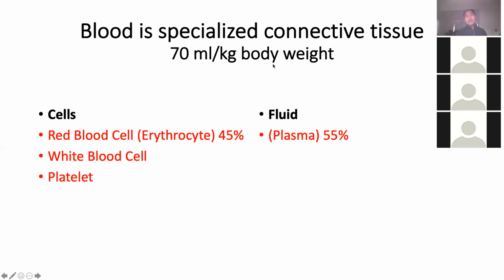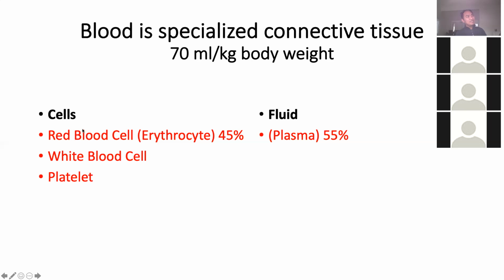And the definition? Blood is a connective tissue, and connective tissue is always made of cell and matrix. Of course, blood is fluid, so its matrix is not solid, its matrix is fluid. And the cells?